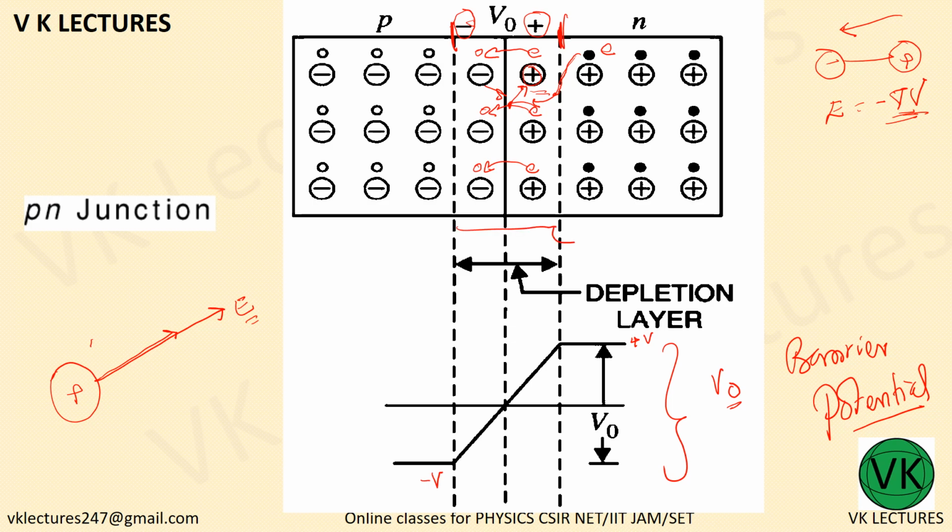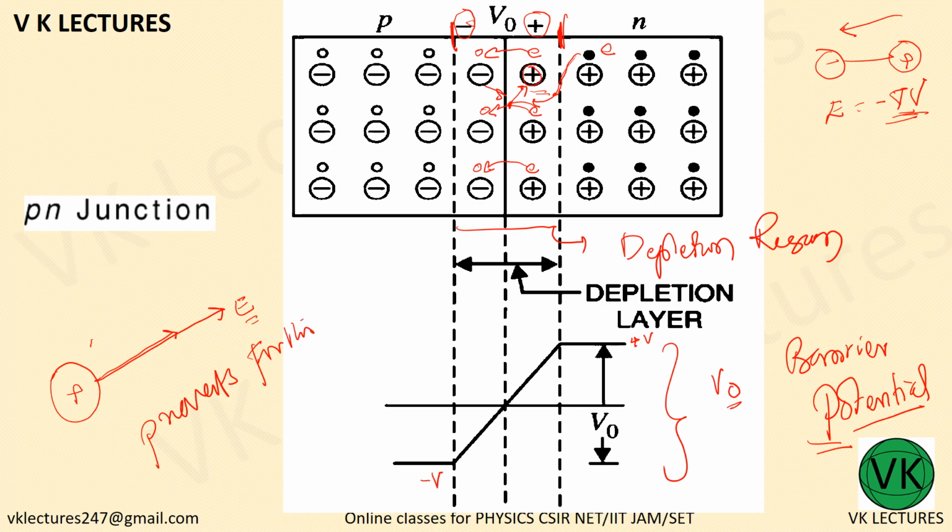This region is called the depletion region. So this barrier potential prevents further movement of electrons or further combination of electron and hole, thereby reducing the current.